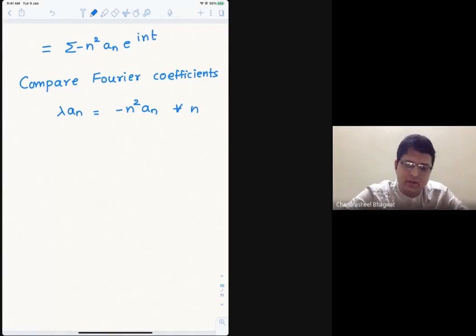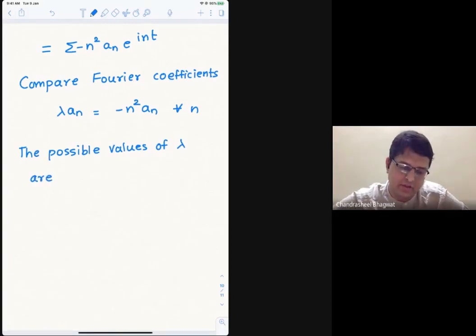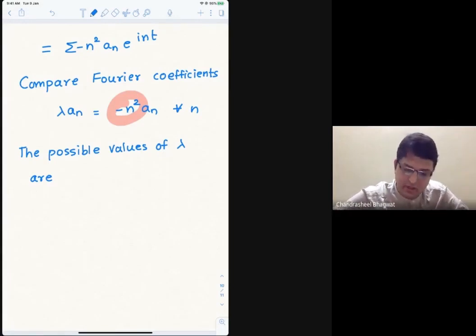And if you play around a little bit with this equality, you're going to get the possible values of lambda. Yeah, so somehow I must have goofed up the minus sign somewhere. So let me put a red mark here. You can change the sign correctly later as homework and make it correct.